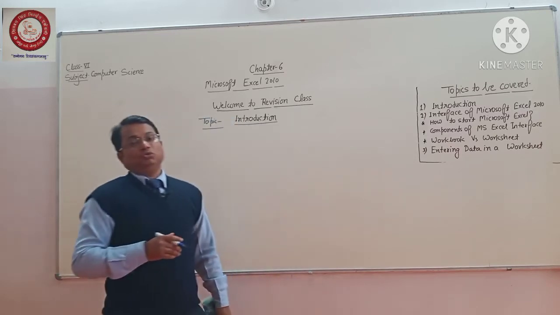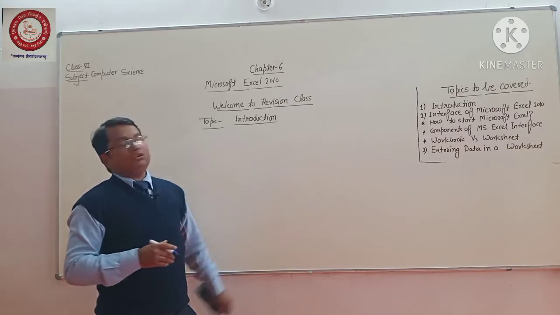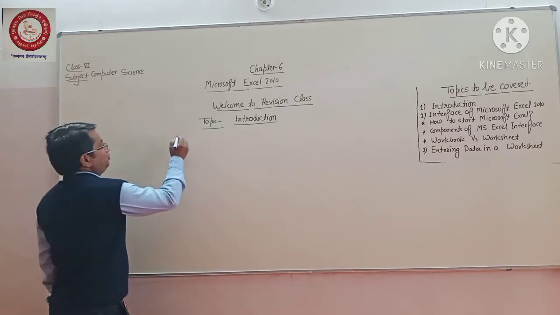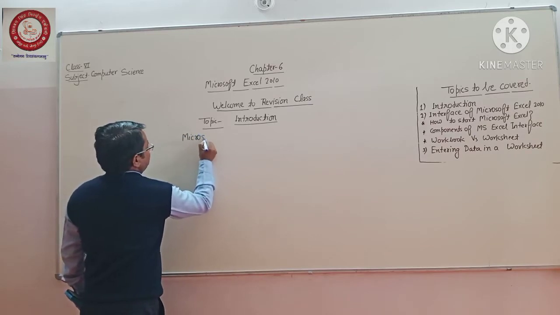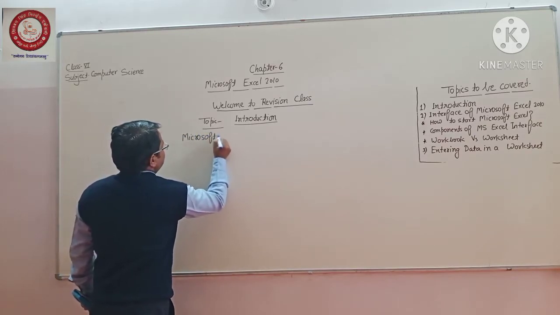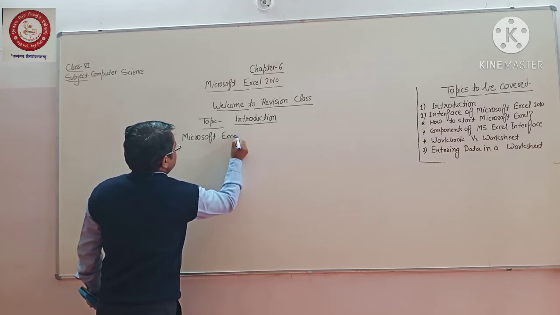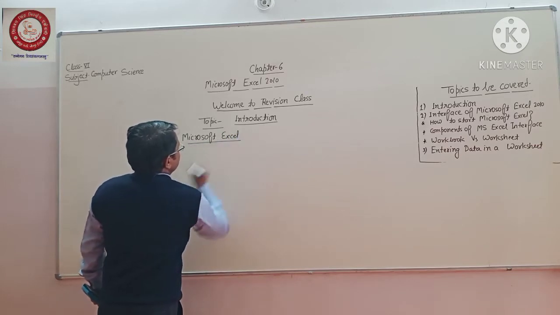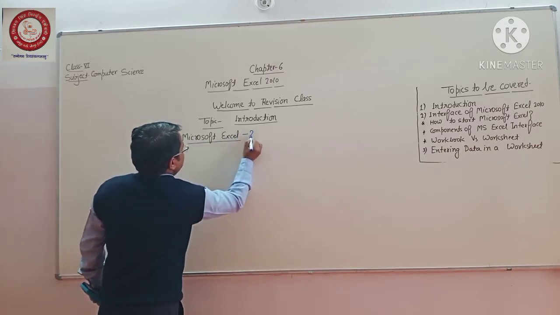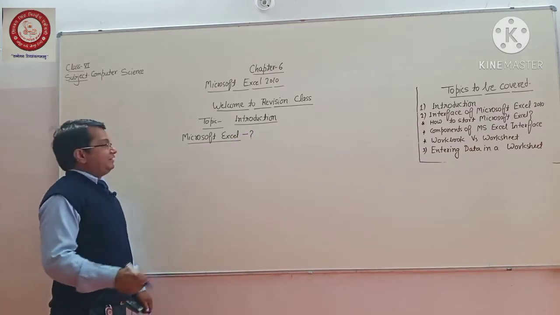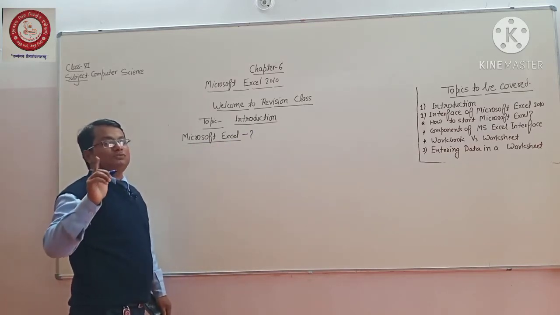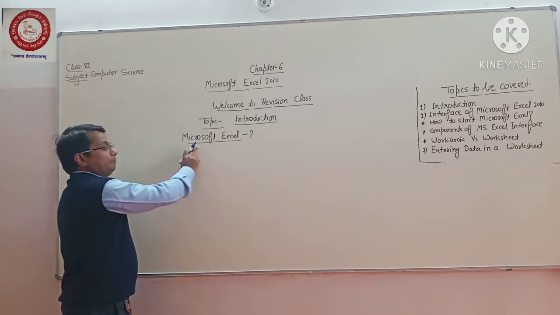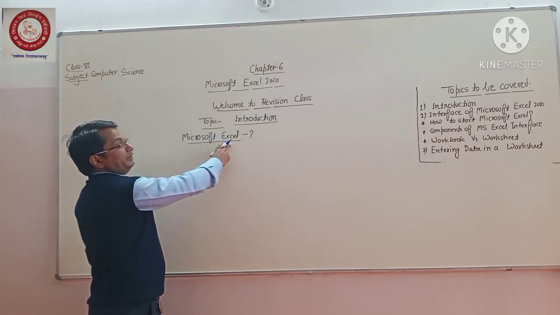Okay, so students, in the introduction, first of all we have to know what is Microsoft Excel. As you know, Microsoft Excel is the combination of two things: number one, Microsoft, and number two, Excel.